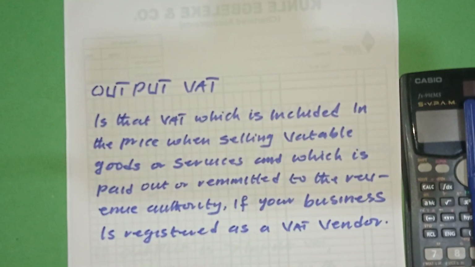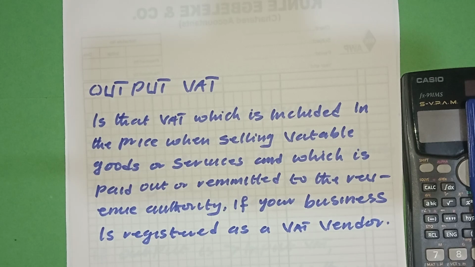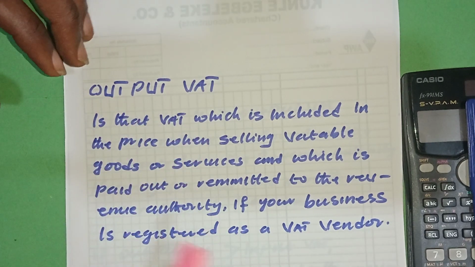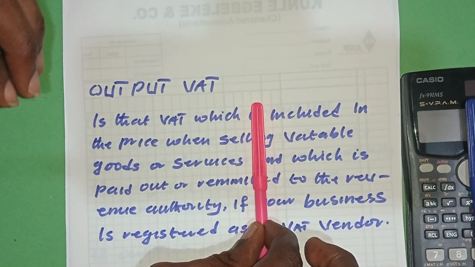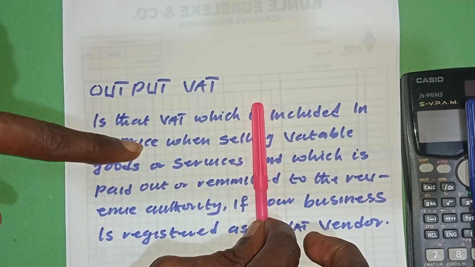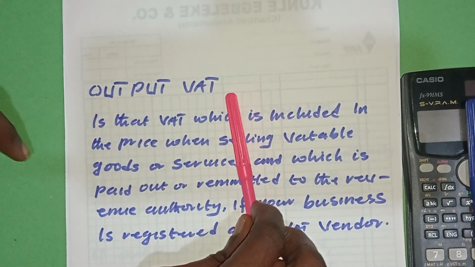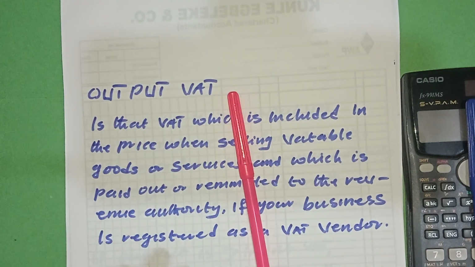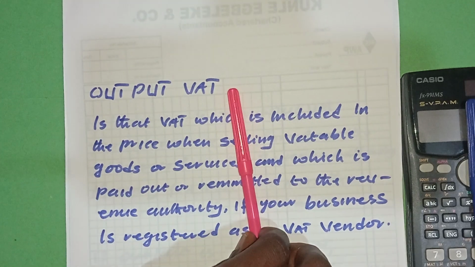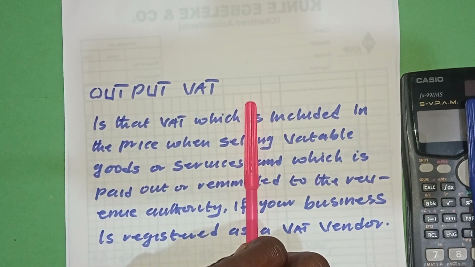Now, output VAT is when you are selling. Now, I bought this thing for 17 naira, including the VAT input inside. Now, I want to resell this. Maybe after adding my gain and everything, I decide to sell this for 100 naira.